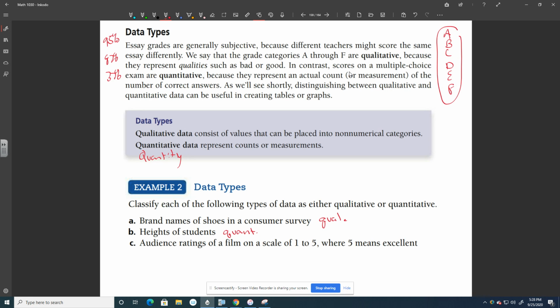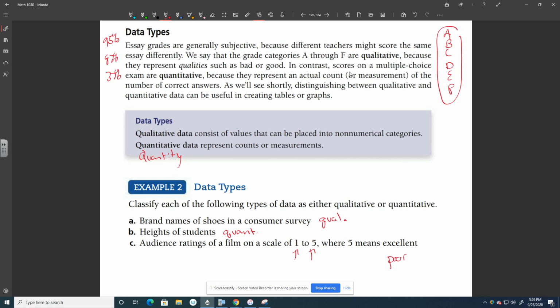Audience ratings of a film on a scale of 1 to 5, where 5 means excellent. Now, this one we have to be careful because they are assigning a number 1 to 5 based on how an audience rates a film. But how an audience rates a film, they're actually rating it as excellent or poor or some other word. And then the study is assigning a number to it.